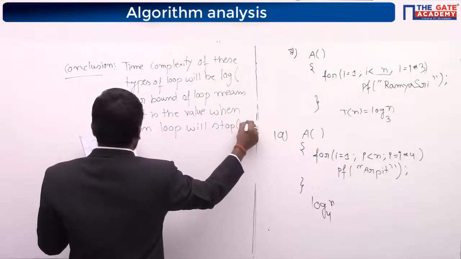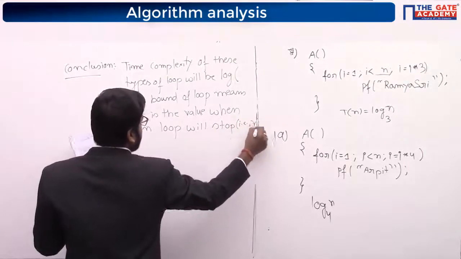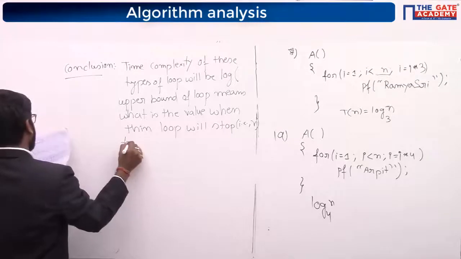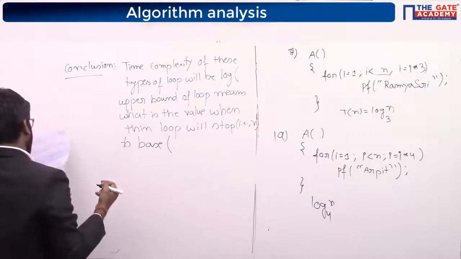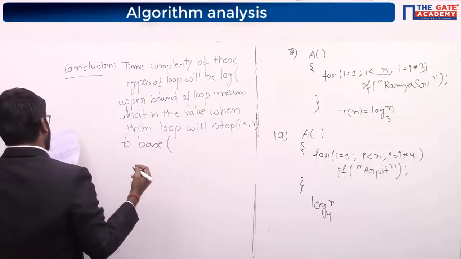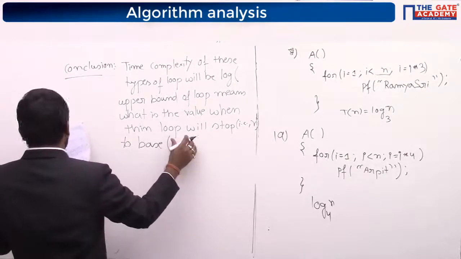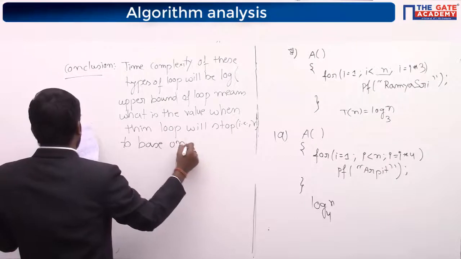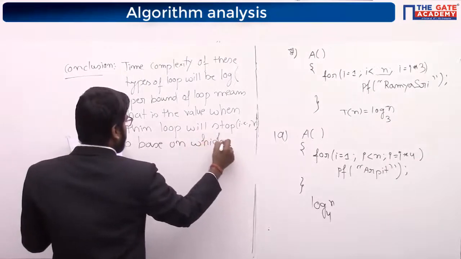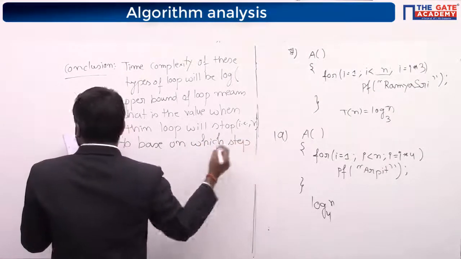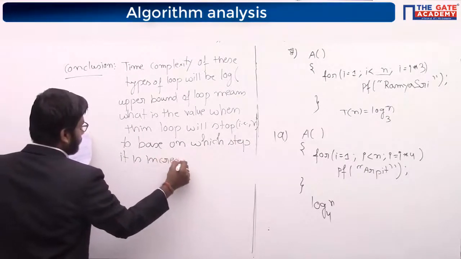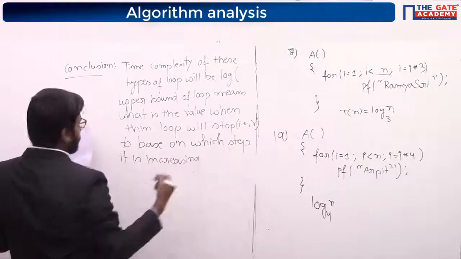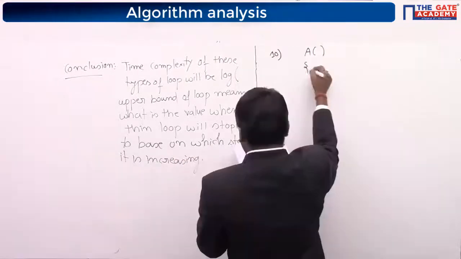That is n, to the base of the step on which it is increasing. So here it is increasing by 4, that's why base 4.